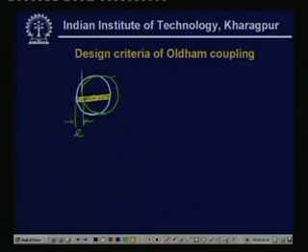Now this portion is only subjected to pressure. If the original diameter is D, then this is D minus E, which you can verify very easily.